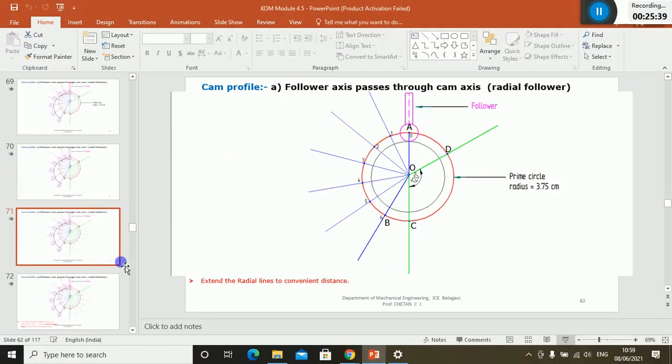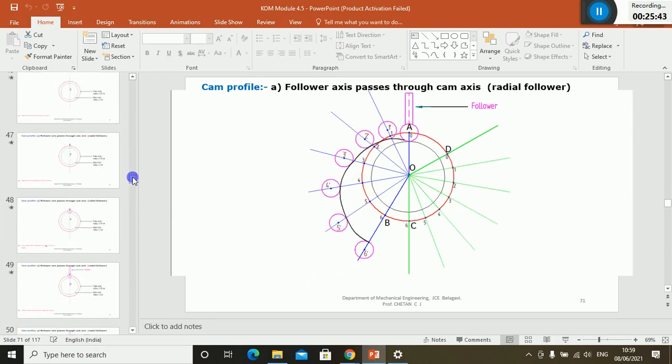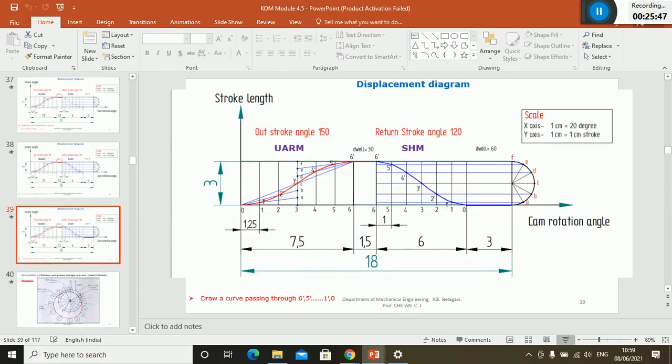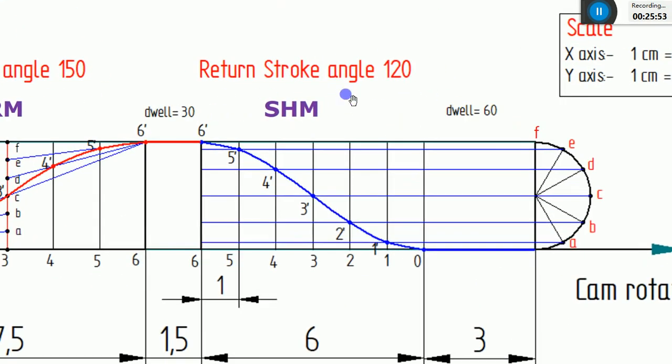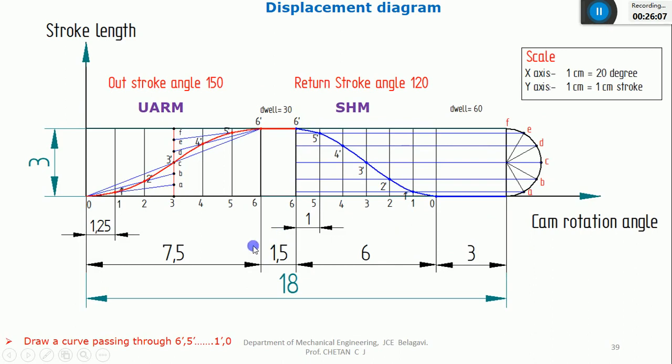Again, I'll go to the displacement diagram. With respect to this return stroke angle, I need to indicate all these 6 vertical distances, that is 6 to 6 dash, 5 to 5 dash, 4 to 4 dash, up to 1 to 1 dash. I'll copy all these 6 vertical distances one by one with the help of compass. And again, I'll go to the cam profile.